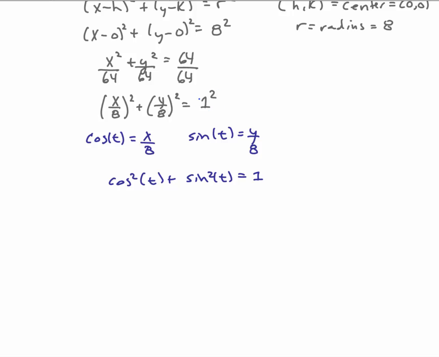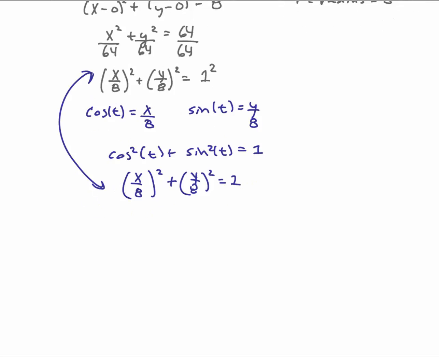So that's why we wanted this 1 over here, so we could plug directly in. Cosine squared was x over 8, so this is x over 8 quantity squared plus y over 8 quantity squared equals 1. If we do that direct substitution, you can see that we get right back where we started. So we don't have any mistakes here at all.